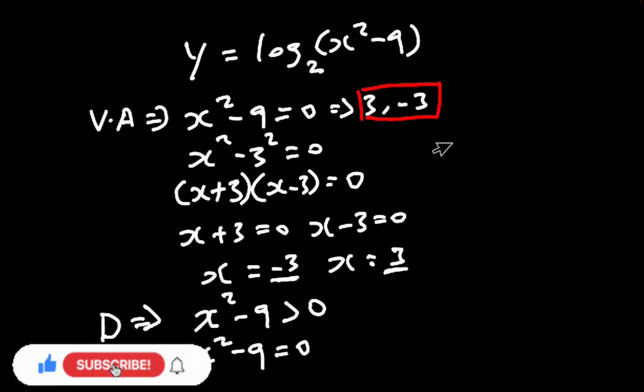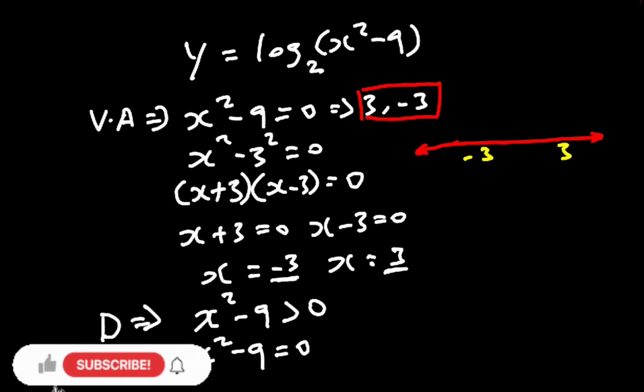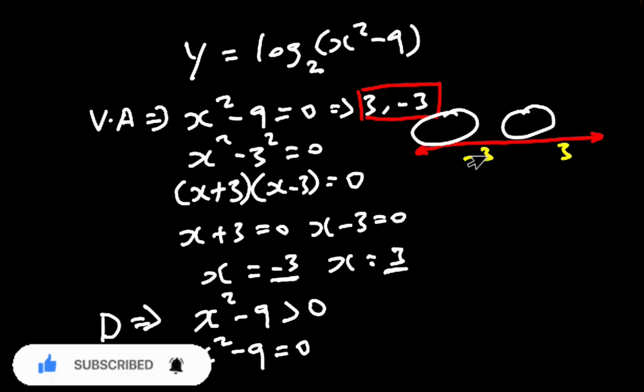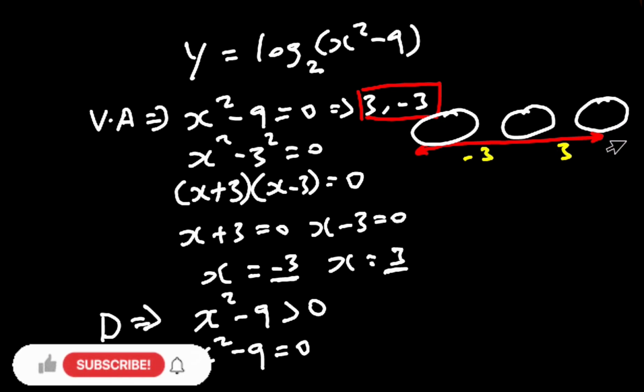So let's draw a number line and indicate those critical values. We have negative 3 here, positive 3 here. Notice that on this number line we have 3 regions: from negative infinity to negative 3, from negative 3 to 3, and from 3 to infinity.